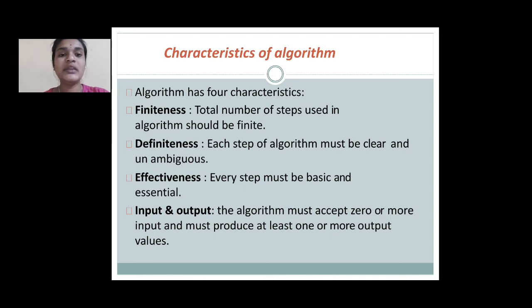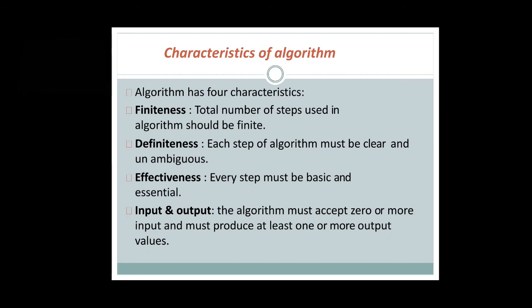And the fourth one, input and output: an algorithm accepts zero or one or more inputs and must produce at least one output value. No instructions should be repeated infinitely. An algorithm must have a finite number of steps.